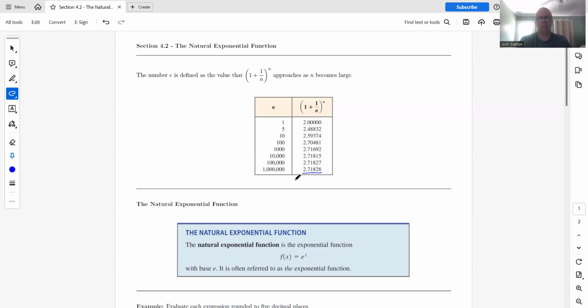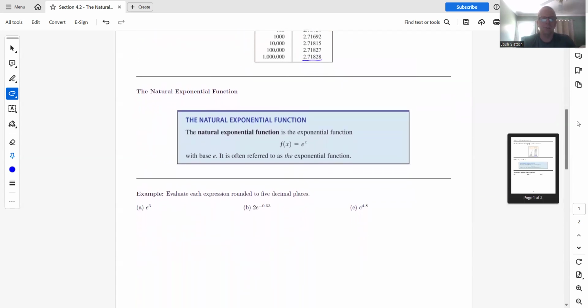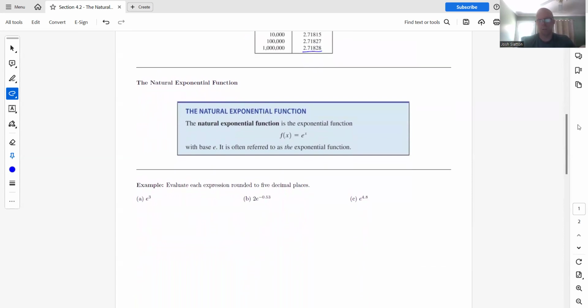Your calculator is going to be doing most of the legwork here, but just so you have an idea of where that comes from, an approximate value is probably good. So the natural exponential function, I should say, is just the exponential function where the base is e. And a lot of times, if you ever hear just the exponential function, we're talking about e to the x.